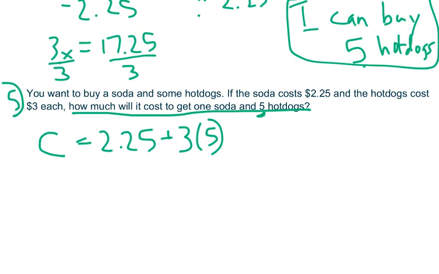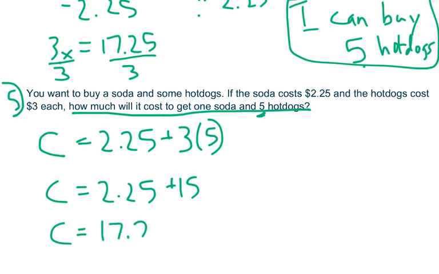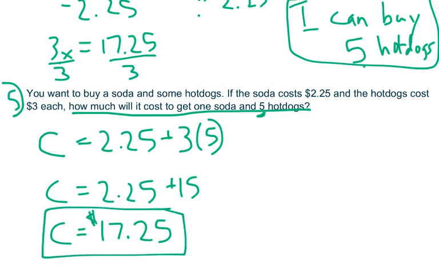I'm going to have C equals 2.25 plus 15. C equals 17.25. That's how much money it's going to cost to get 5 hot dogs.